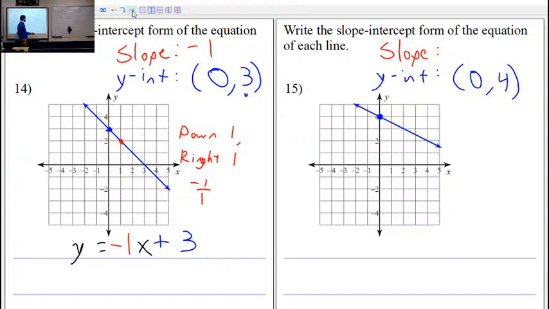Slope. The next point I see is right there. So we want the instructions on how to get to that point. From this point, change in y: are we moving up or down? We're moving down 1.